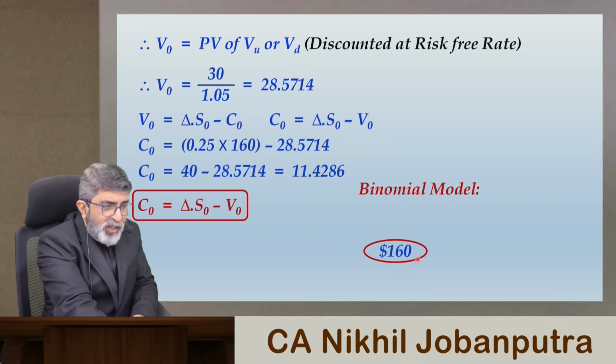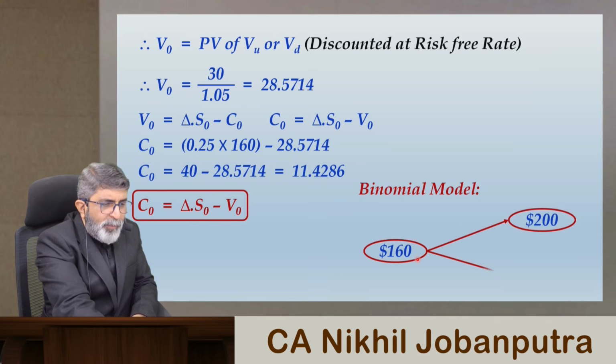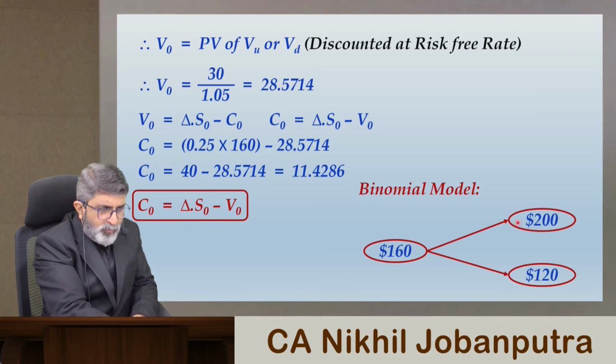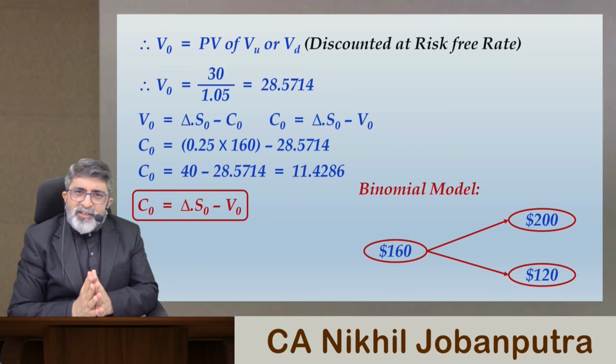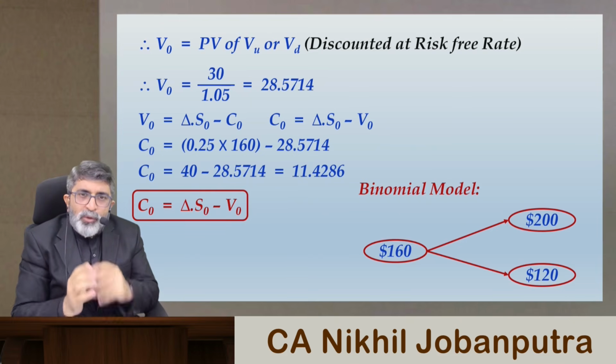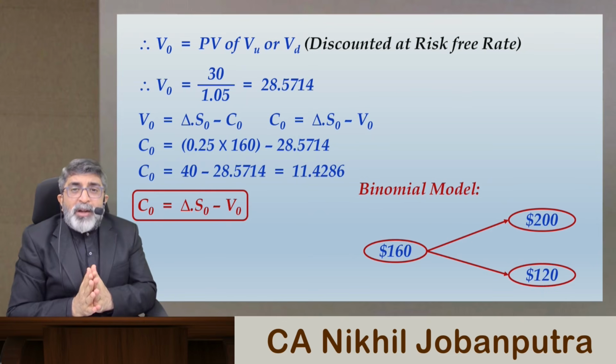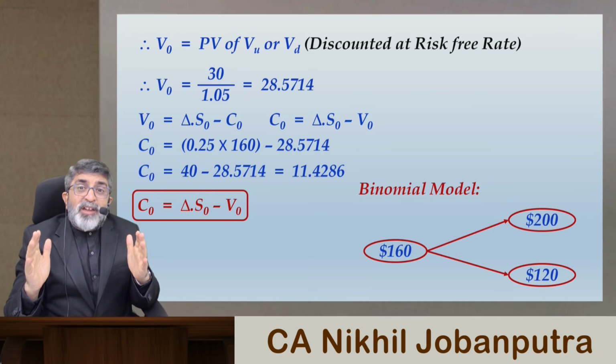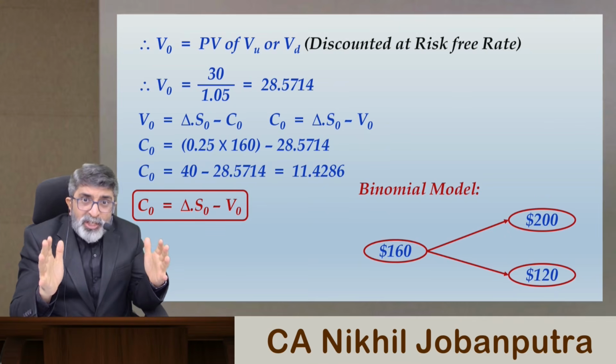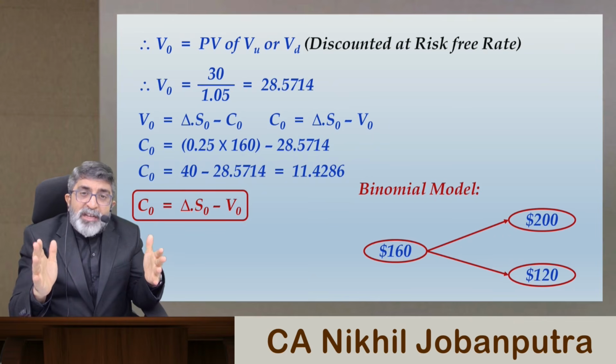By the end of the period, the price can either move up to 200 or move down to 120. That is what we have discussed. Now this period in a single period binomial model is considered a substantial period, maybe 3 months or 6 months, one period.